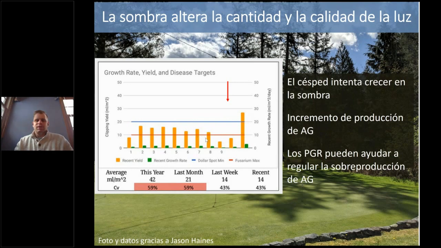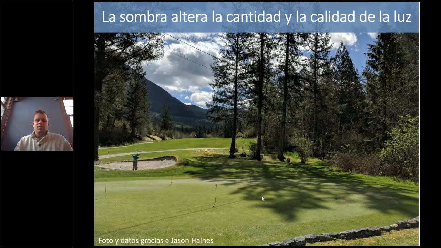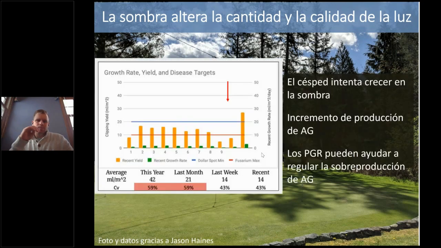The reason is that putting green is growing in shade, and this silly grass is trying to outgrow these big tall trees. The plant is making more gibberellin, and it's burning sugars that it is already limited for because it's growing in shade with reduced light. It's ultimately going to start thinning out and dying and declining as a result of the shade.